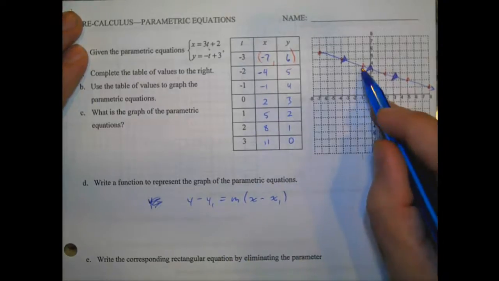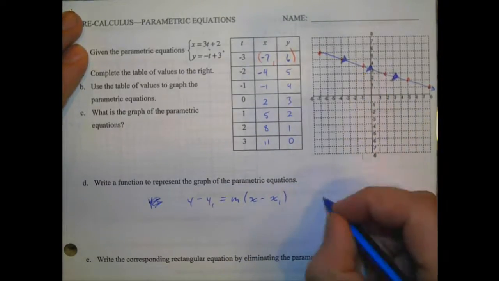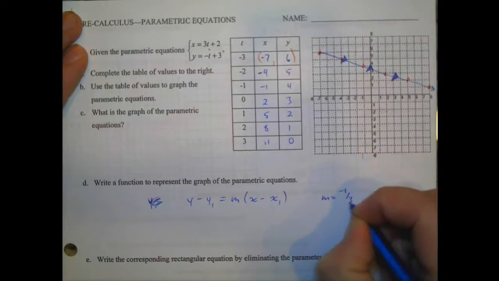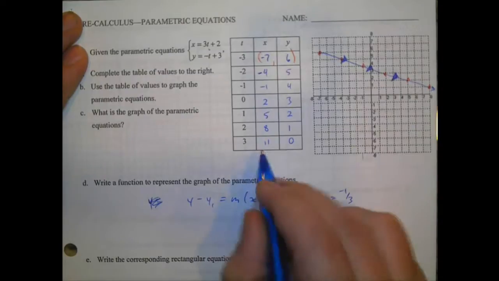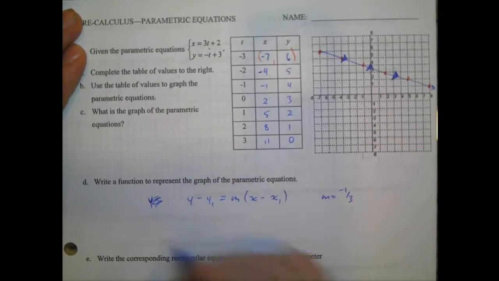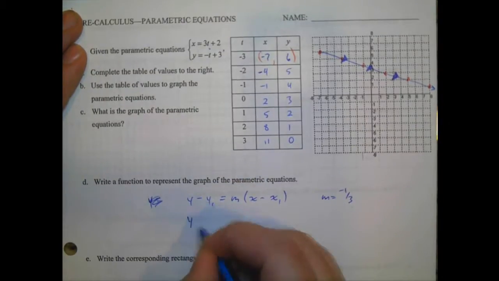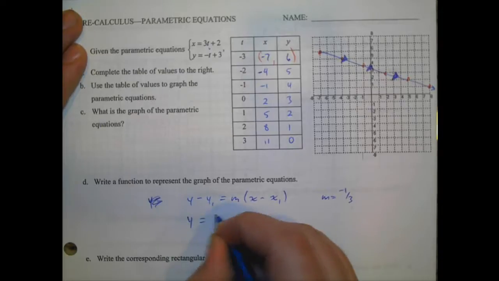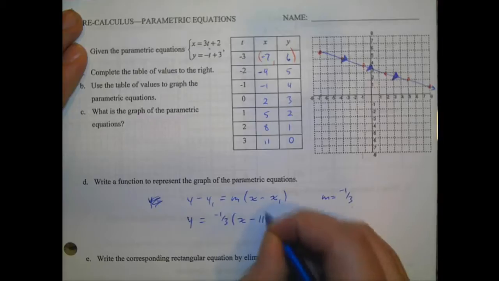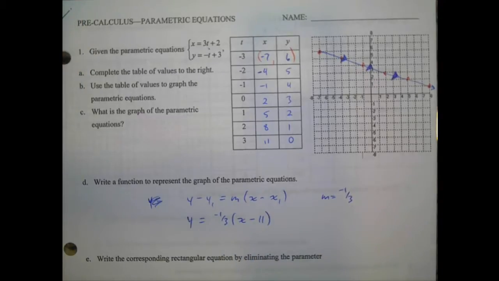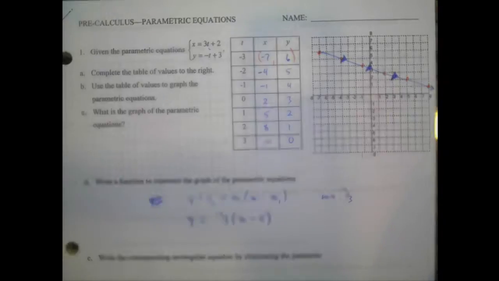It looks like the slope is down 1 over 3, so our m is -1/3. It doesn't matter which point you use, so I'm just going to use (11, 0). So we have y minus 0 equals negative 1/3 times x minus x1, which is 11. There is your equation. That's it. It's a line. It's not really anything super fancy about it.